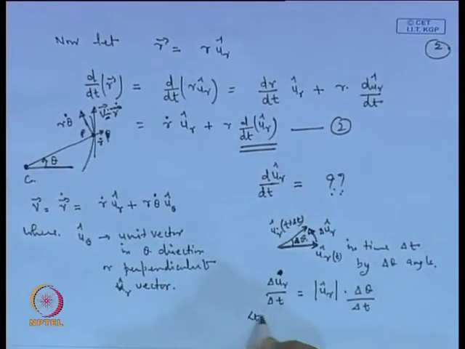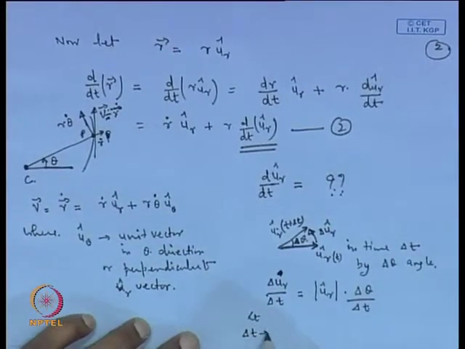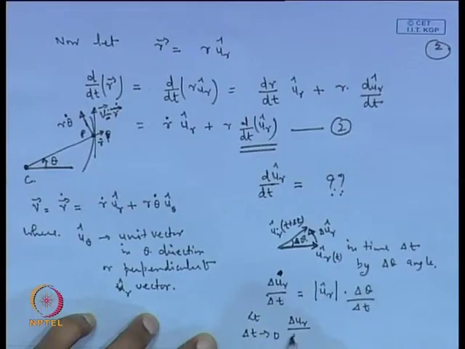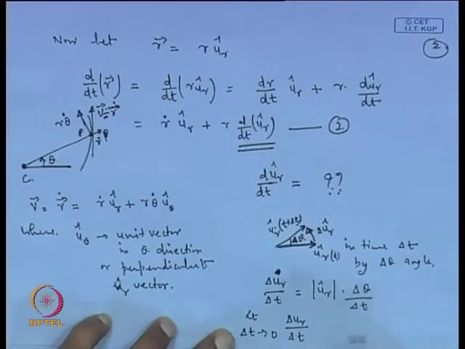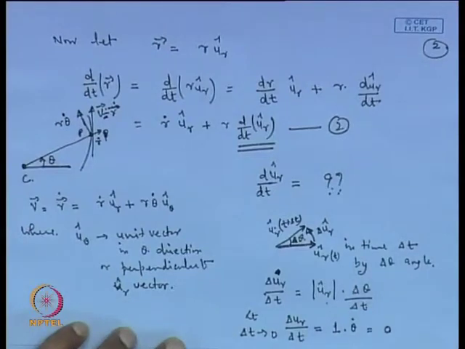And in the limit delta t tends to 0, this delta u r by delta t becomes, this quantity is equal to 1 because this is a unit vector, and this becomes theta dot. So, this quantity equals theta dot.